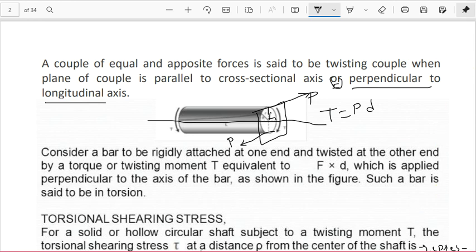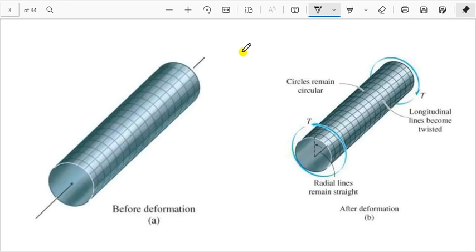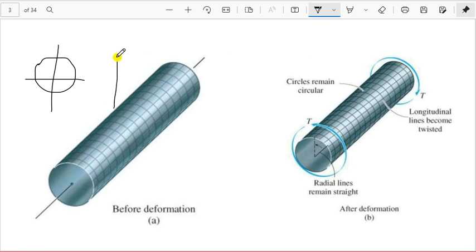Just look at the screen here in this diagram, or I will separately draw it. Let us say this is the cross section. Then this will be the torsional shear stress diagram.